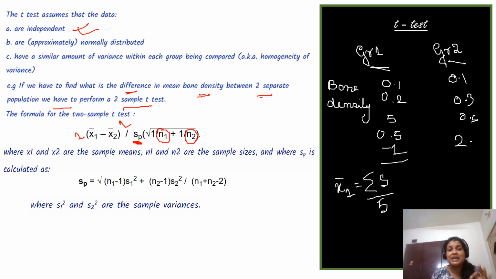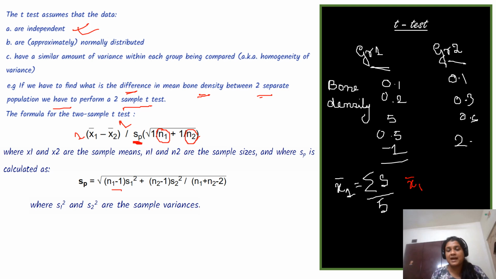Now what is Sp? Sp involves n1 minus 1, that is 5 minus 1, into S1 squared. What is S1 squared? The total standard deviation of this group, squared. That means whatever the mean is, x1 bar is the mean.